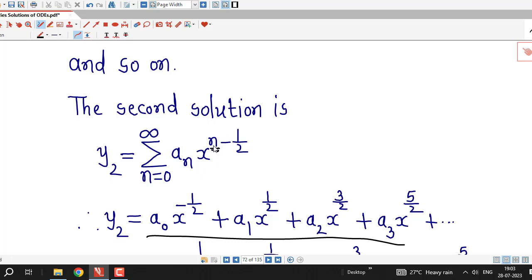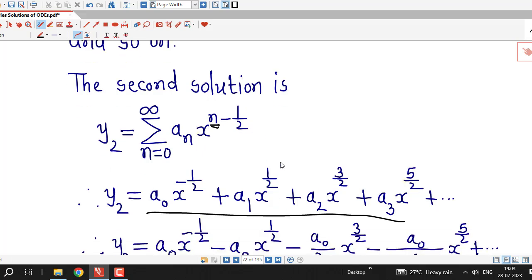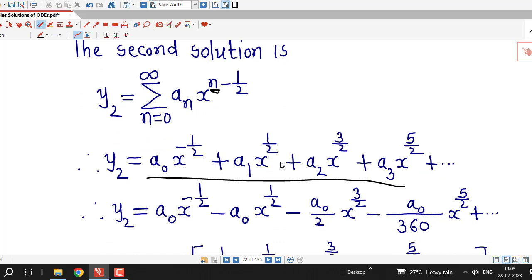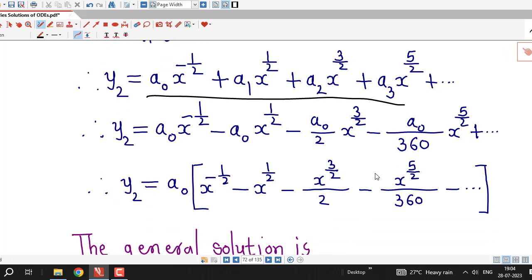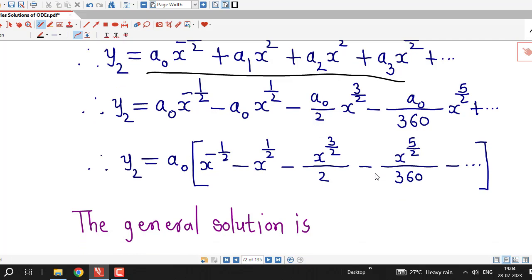For n equal to 2 I have a2 x^(2 − 1/2), that is x^(3/2). For n equal to 3 I will have 3 into 2, 6 − 1, 5/2, and then I have put values of a0, a1, a2, a3 in this form, and this is the second solution corresponding to r equal to −1/2.